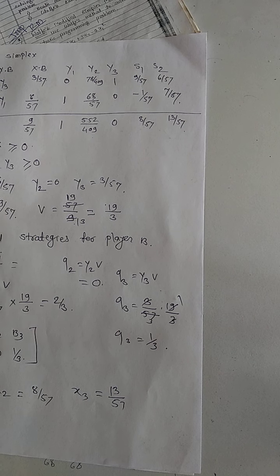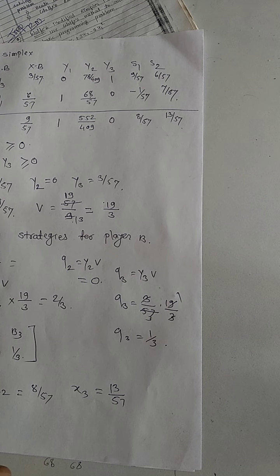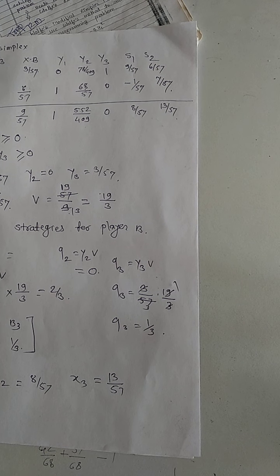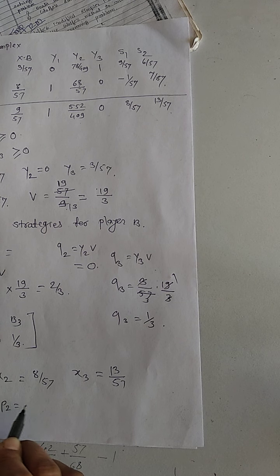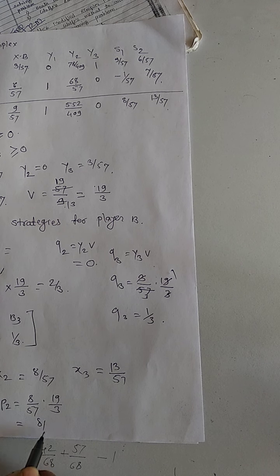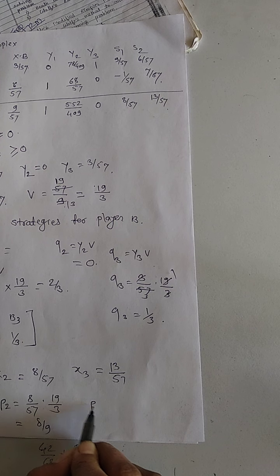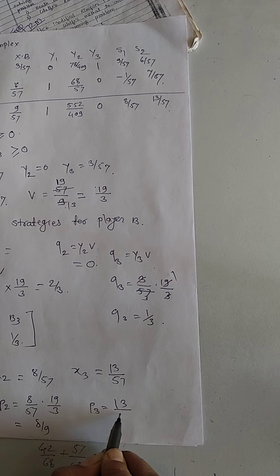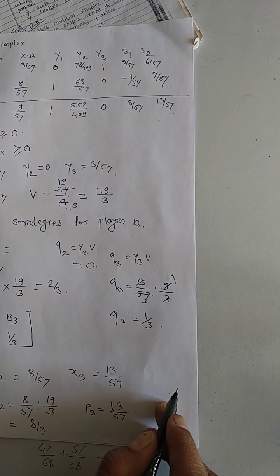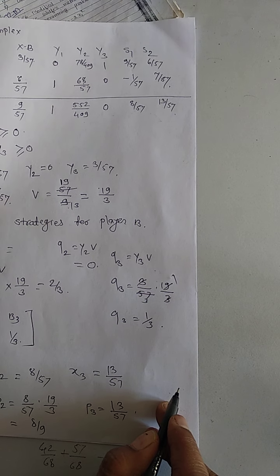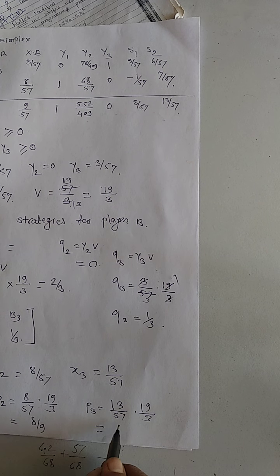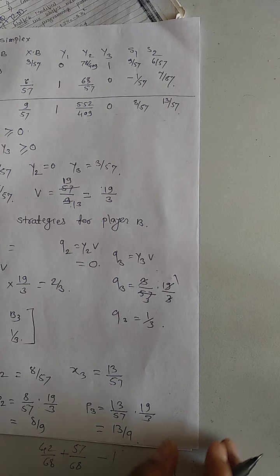And you know Pg is equal to xg into V, and here P1 is equal to 0, P2 is equal to 8 by 57 into 19 by 3 is equal to 8 by 3, and P3 is equal to 13 by 57 into 19 by 3, and that is equal to 13 by 9.